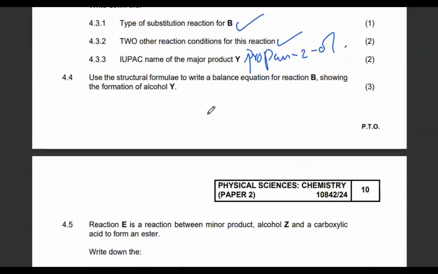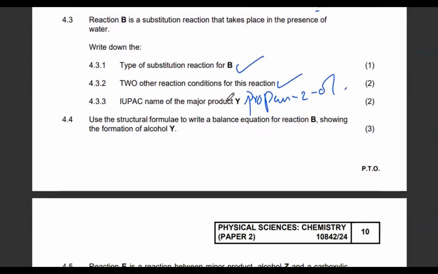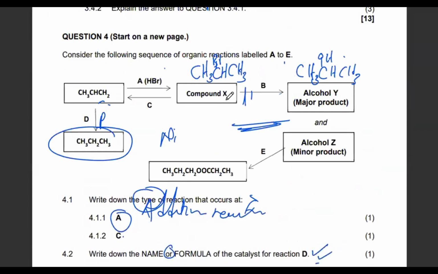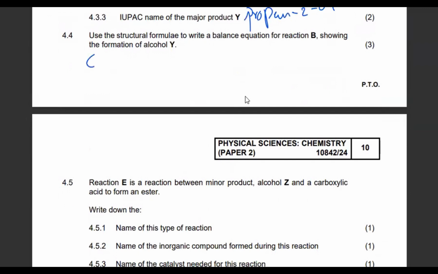Use the structural formula to write down the balanced equation showing reaction B to C. So when you're saying reaction B to C, they say reaction B forming Y. B has a bromine here, then CH3, CH2, CH3, and an alcohol here.